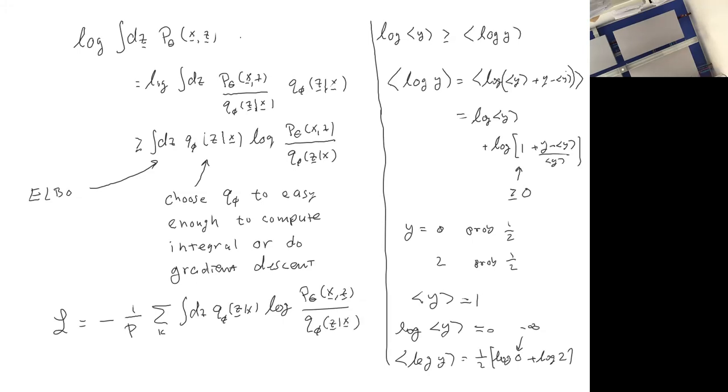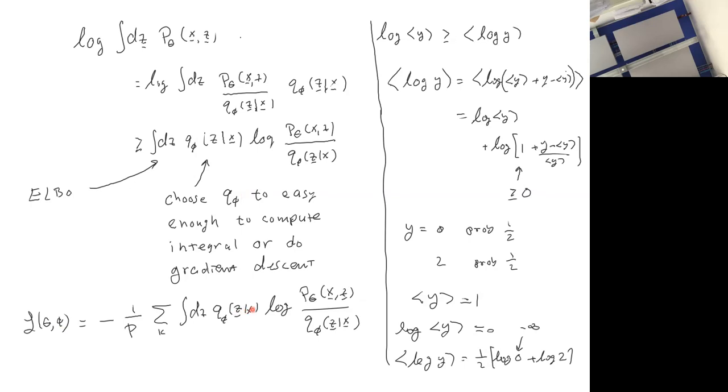Okay. So L of theta and phi. Now you can minimize the loss with respect to theta and phi. You can take derivatives, take gradients. If you choose q phi correctly, everything's easy. Q phi is called the generative model.